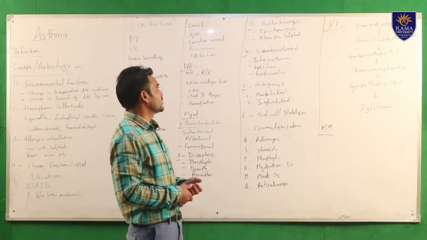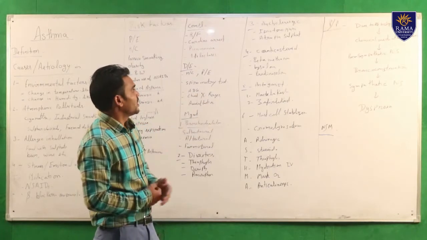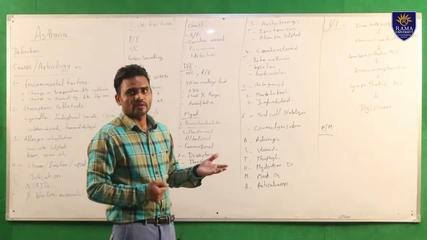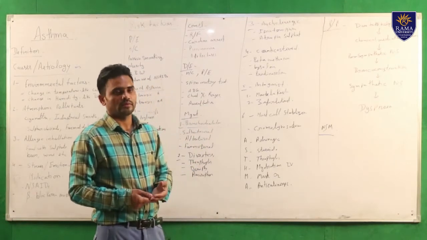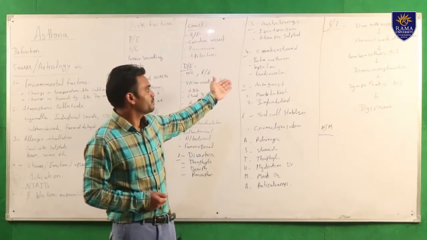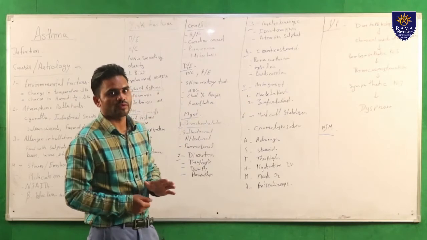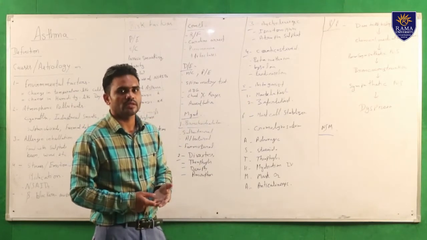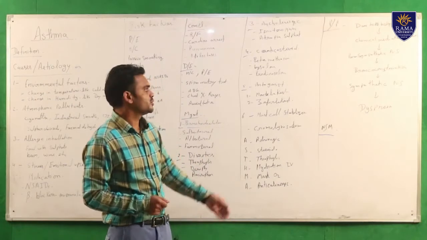This is a very important drug for the asthma patient. Betamethasone, methylprednisolone and prednisolone are very important for the asthma condition. If a patient comes to the hospital in an emergency, we will use these drugs.